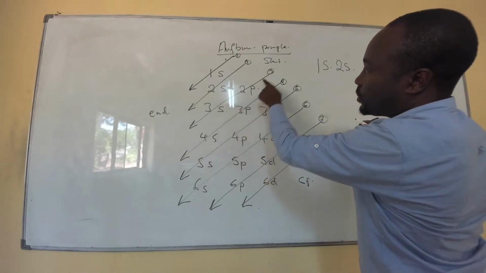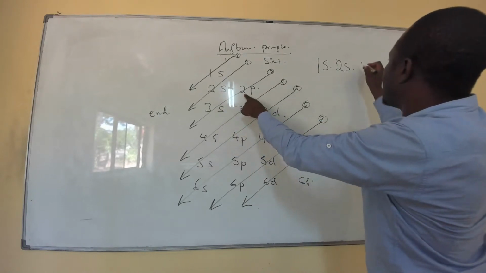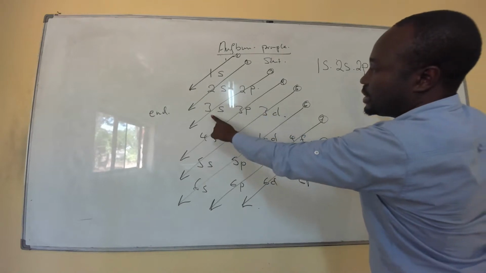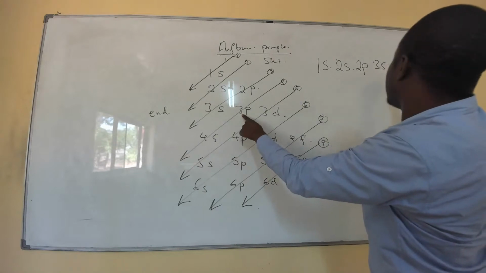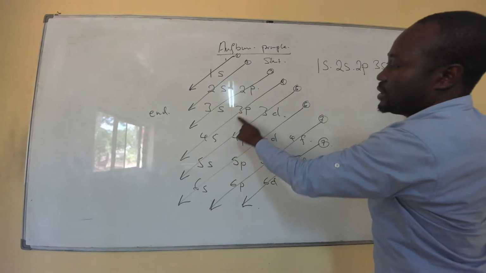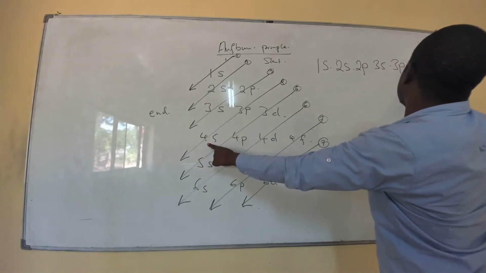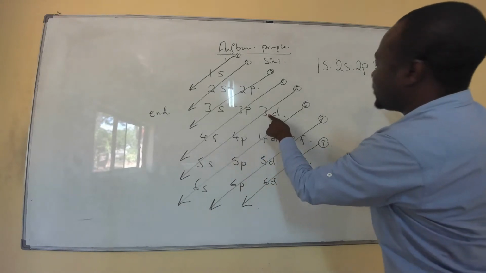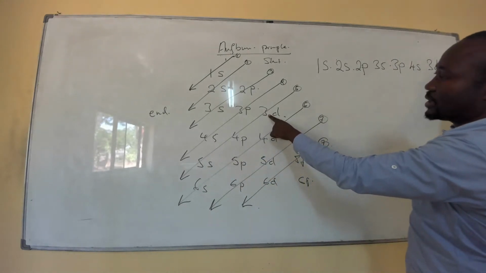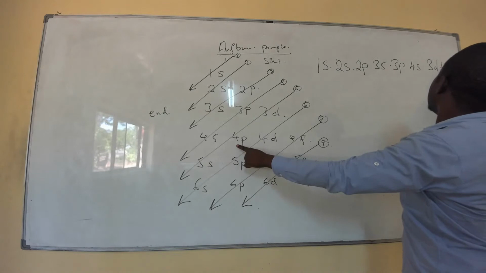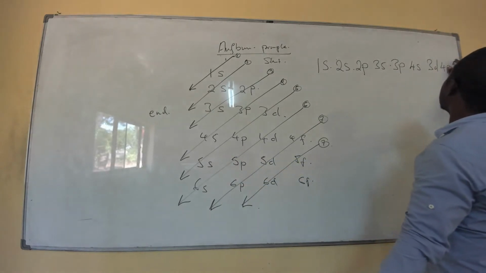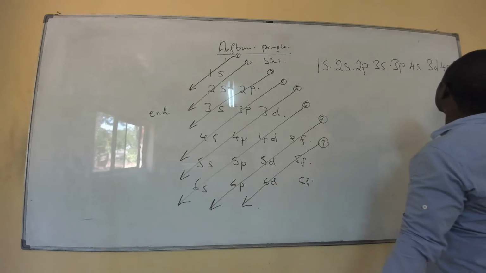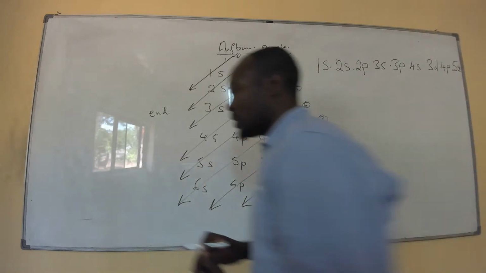In the third one, we also start from the top: the top is a 2p, then 3s. We come to the fourth one: it's the 3p and the 4s. We start from here: 3d, 4p, and the 5s. So the list goes on and on.